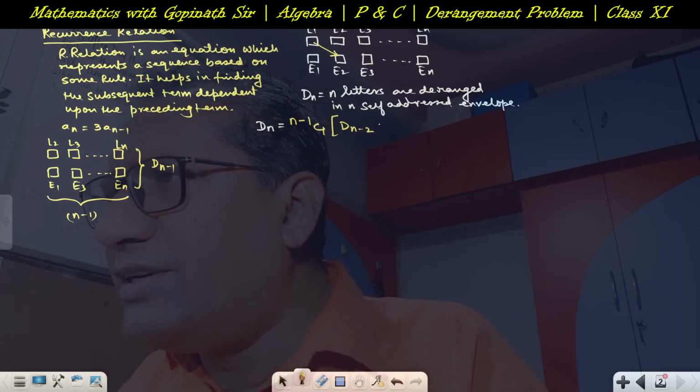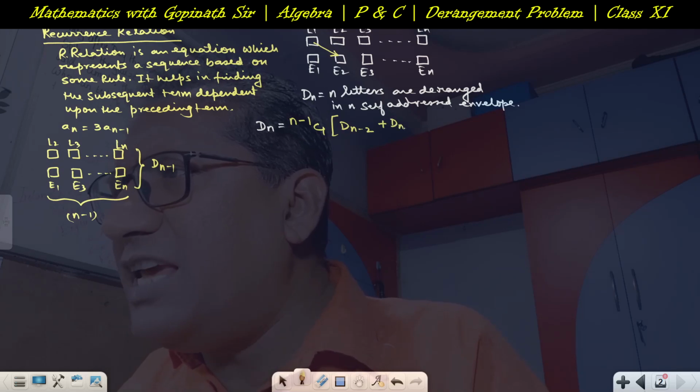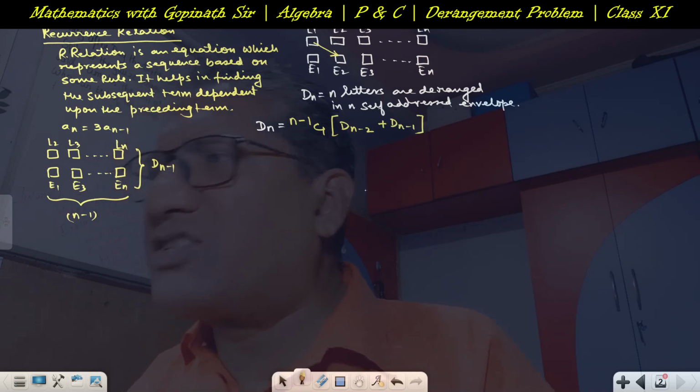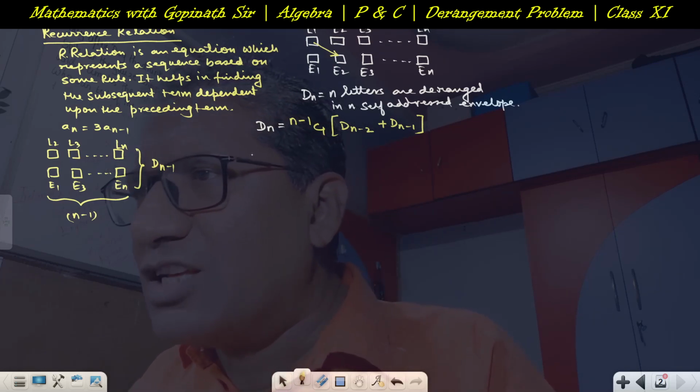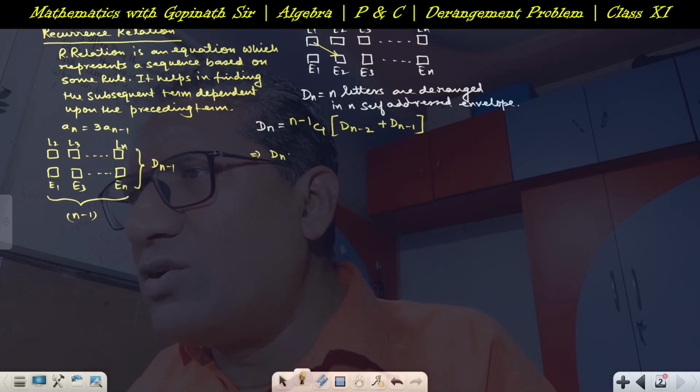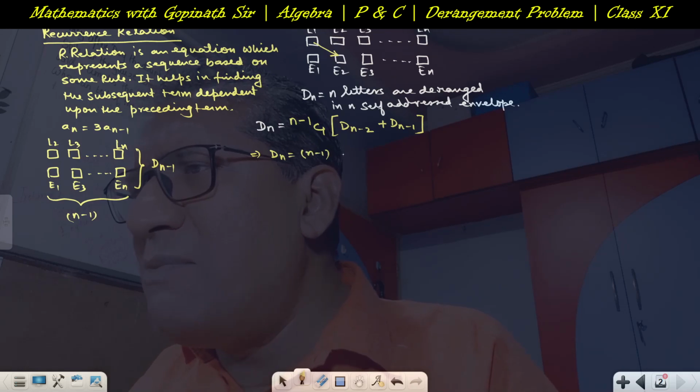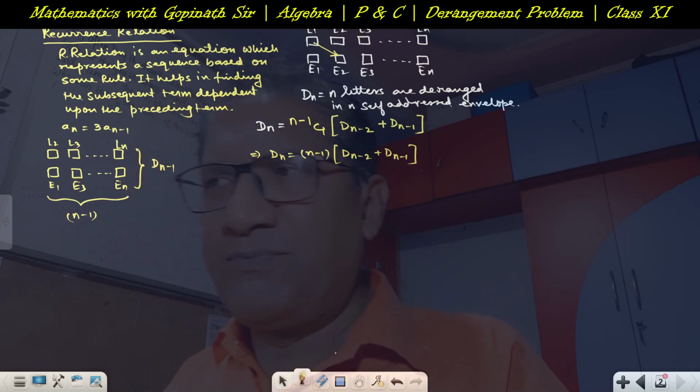Therefore, the total derangement will be D(n minus 1) plus D(n minus 2) into (n minus 1)C1. So that implies Dn is (n minus 1) D(n minus 2) plus D(n minus 1). That's it.